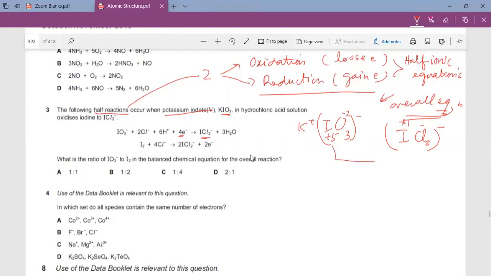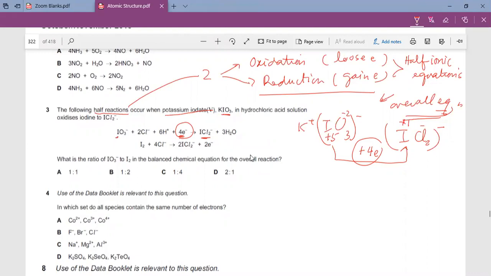So +5 to +1, every iodine here must accept how many electrons? Must accept 4 electrons. 4 electrons means 4 negative, +5 to +1. The others all no change: chlorine no change, oxygen no change, hydrogen no change. It's the iodine that changes.